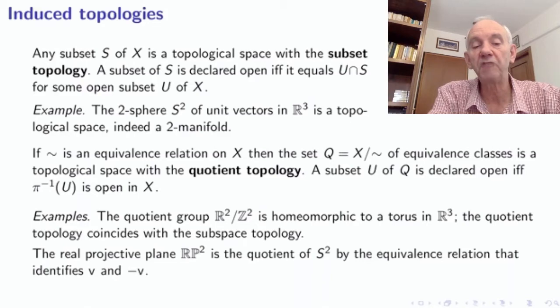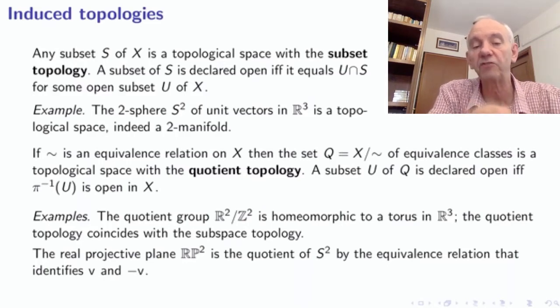Perhaps a less familiar example is of a new space, if you haven't seen it before. You start with the ordinary two-sphere, and you declare 2 points on the two-sphere to be equivalent if they're antipodal, if they're opposite each other. So in other words, I'm just imposing an equivalence relation on the set of unit vectors by saying that any two unit vectors are equivalent if they're either the same or they just differ by multiplying by -1.